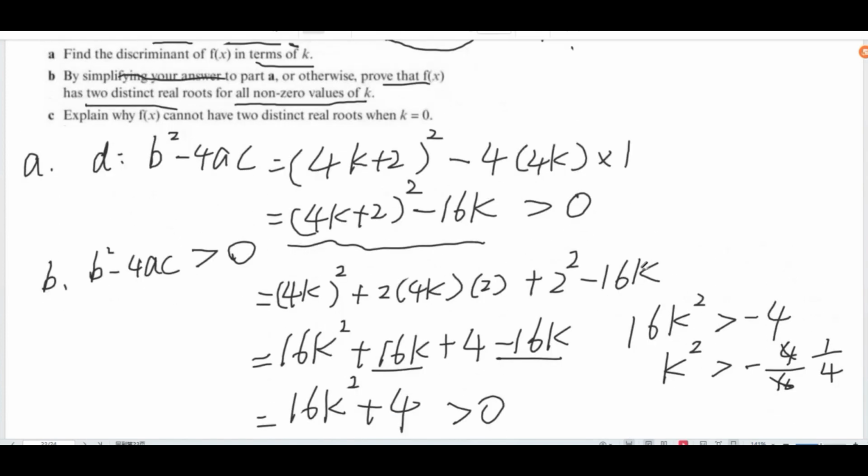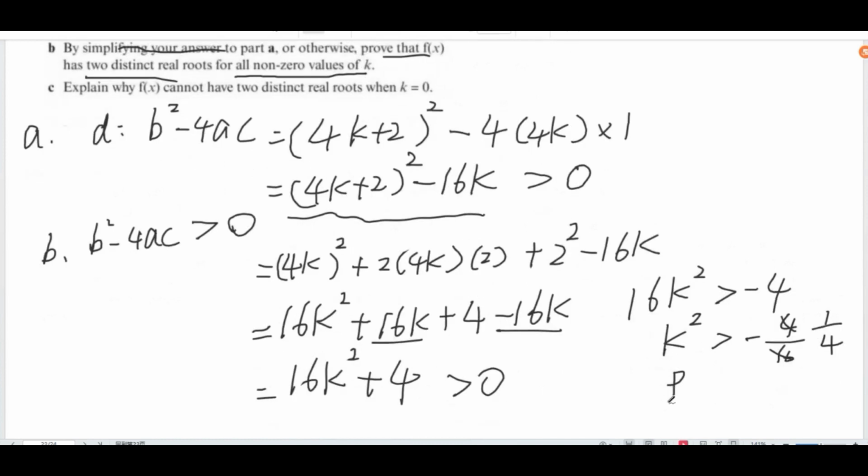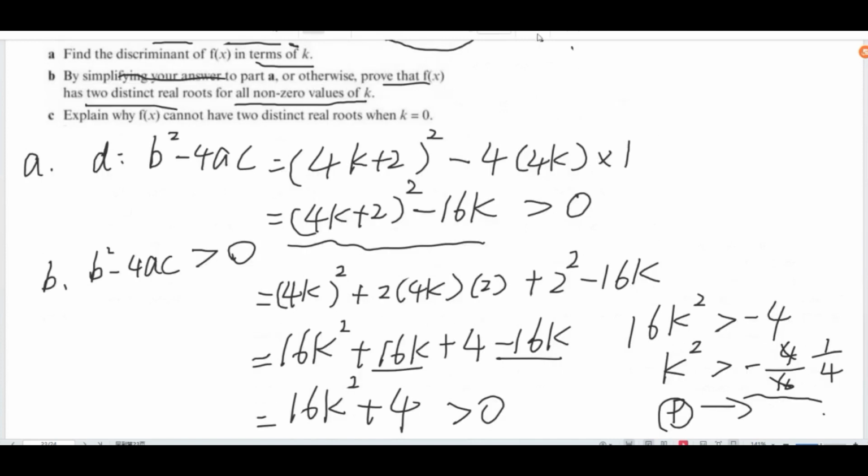So whatever k's number, k squared is a positive thing. Positive is over negative. So whatever k belongs to, any number, it will have two distinct roots. Okay. And I have to clean the screen.